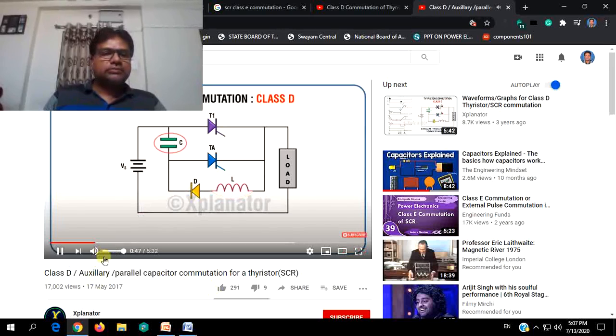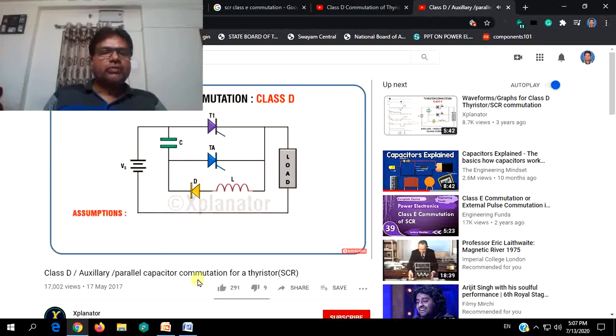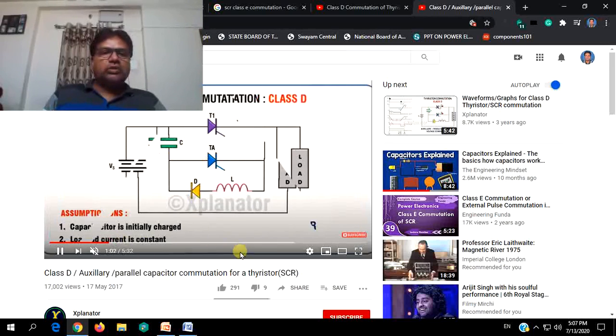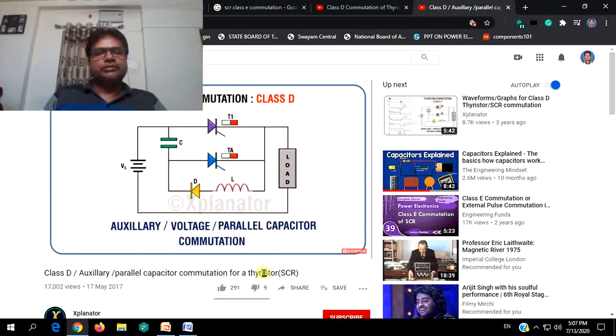And a capacitor. The same, as the capacitor is initially charged, that is, the auxiliary SCR was triggered, so it is charged. Load current is constant.